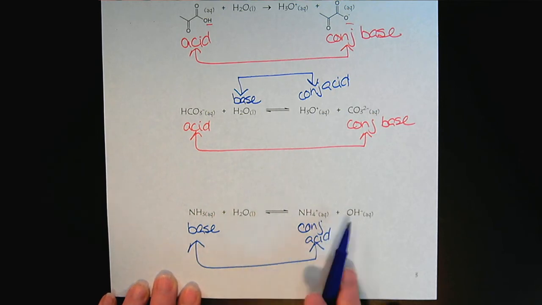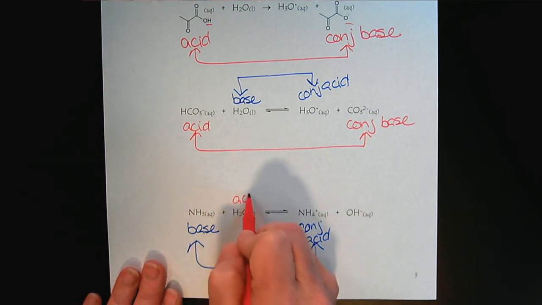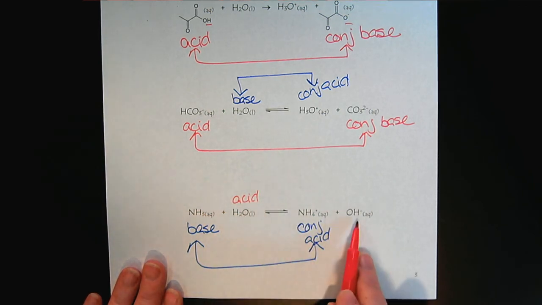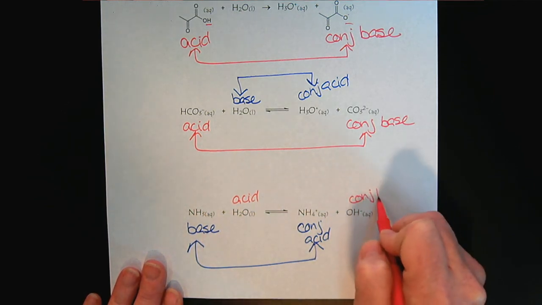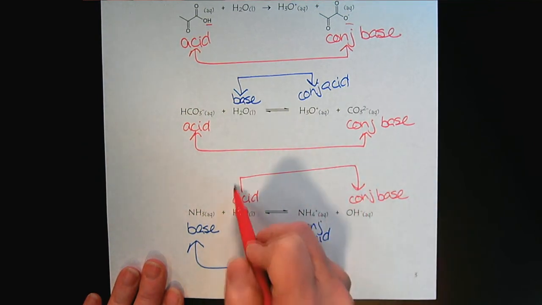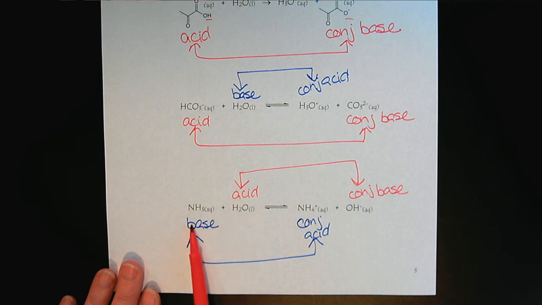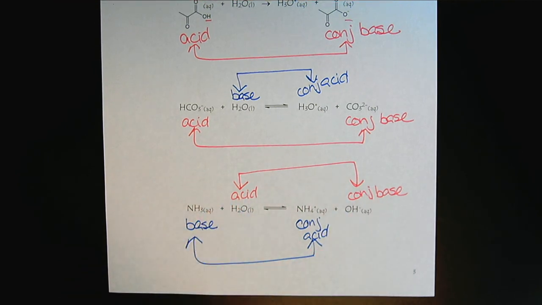And the water acted in the role of the acid this time. It donated one of its protons to the ammonia, and so the hydroxide is the conjugate base. And so here is our second conjugate acid-base pair. So we have an acid-base reaction, and we have conjugate acid-base pairs.